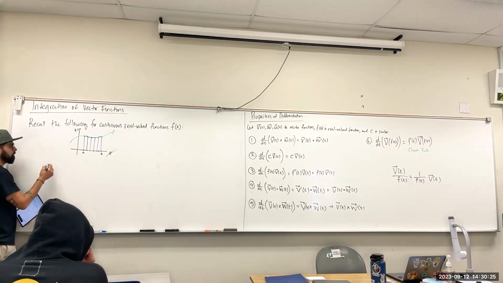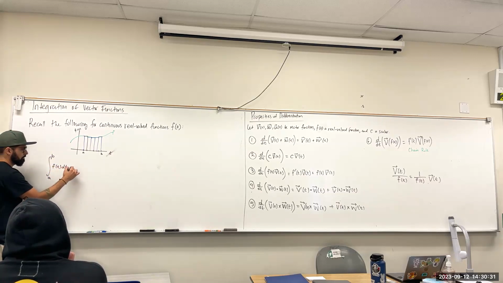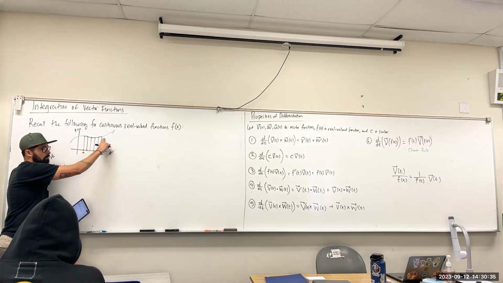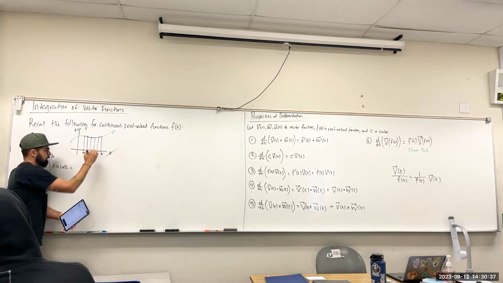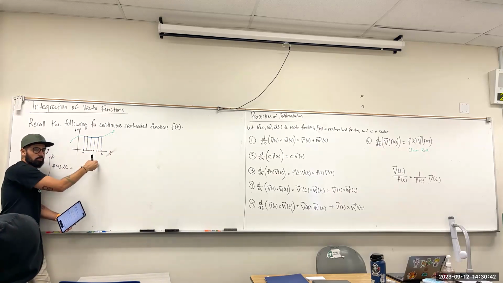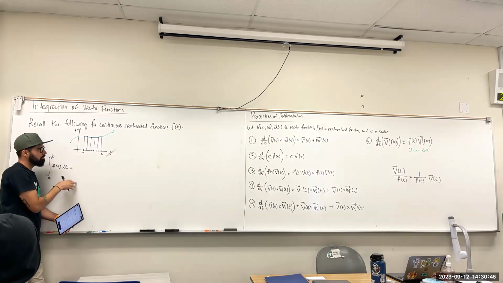And then what you did is you defined your integral from a to b. You said, okay, I'm going to get the height of each of these rectangles. I'm going to do that by picking, remember there was the right end point, the left end point, the midpoint, all that stuff.